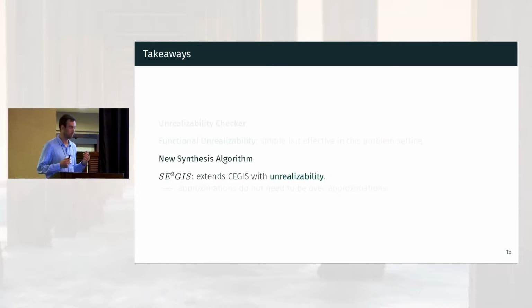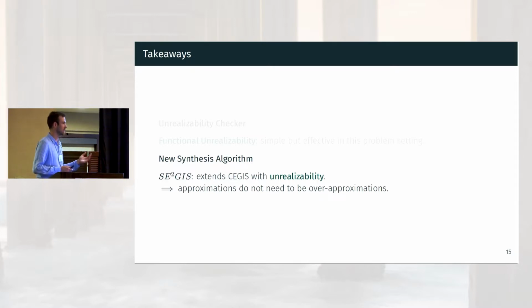But we also have a new synthesis algorithm, and we extend CGIS with results on unrealizability. It can help in, for example, designing approximations that are not necessarily over-approximations of the problem. In this case, it allowed us to use partial bounding in a setting where it's not an over-approximation, and learn these predicates that summarize the invariant.